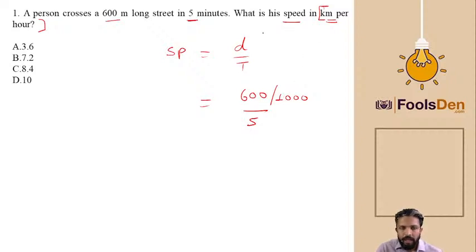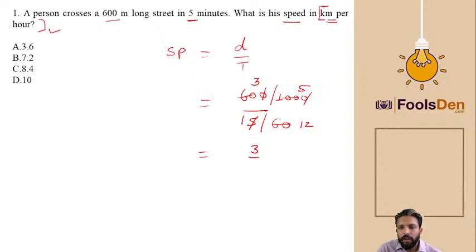Now the time here is 5 minutes, but we need to find the time in hours. So again, I will divide it by 60. I will get the answer in kilometer per hour. Now 5 twelves are 60.